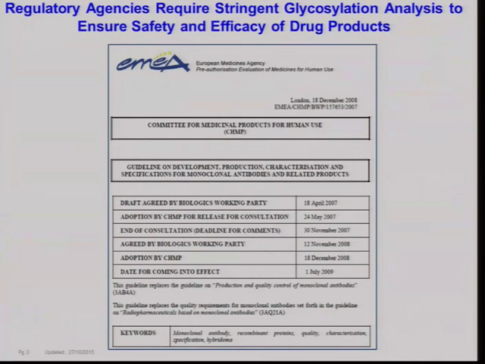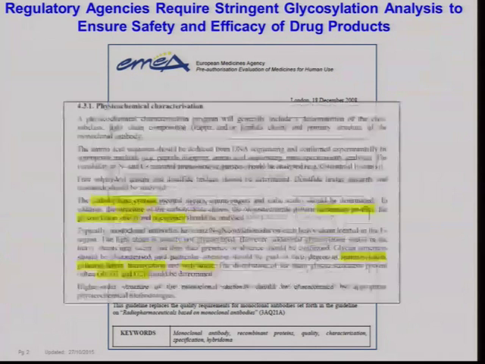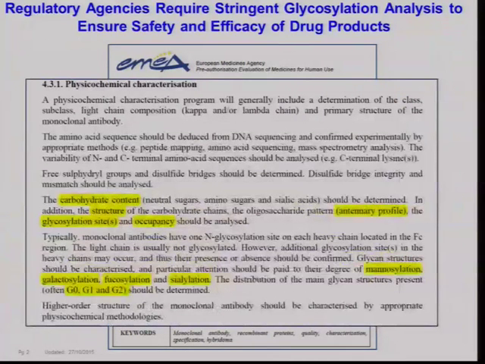So they're trying to make the requirements for drugs to be regulated the same across the world, because it becomes very difficult if a drug is approved in one country but not approved in another country. So most of the agencies, at least for IgG, are on the same page. So they are asking for this kind of information.